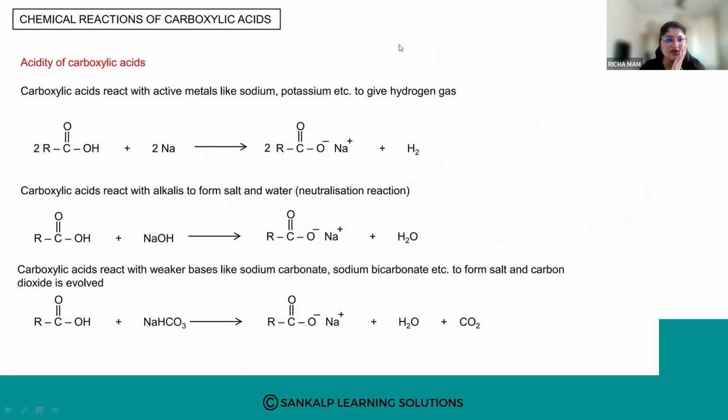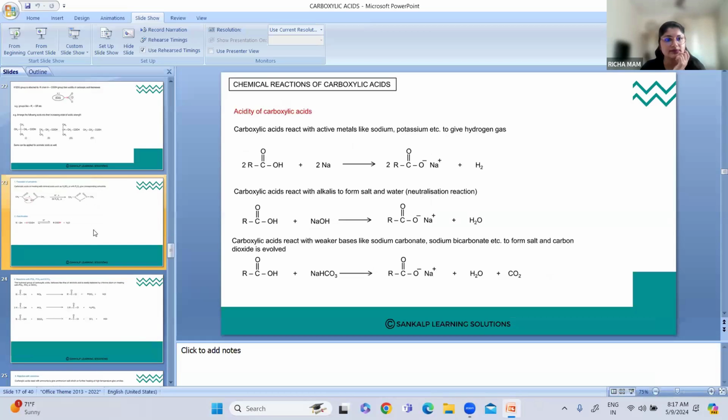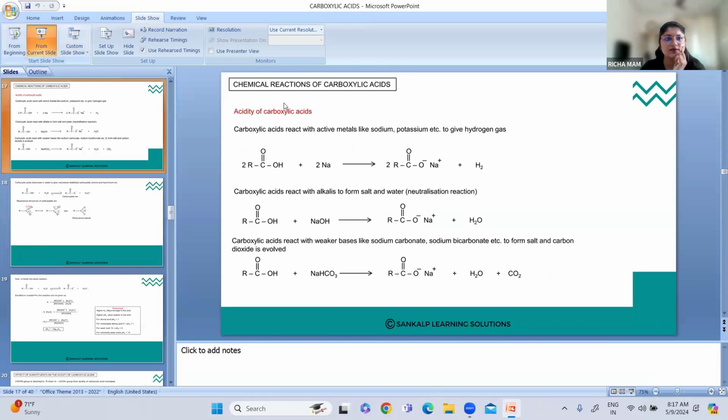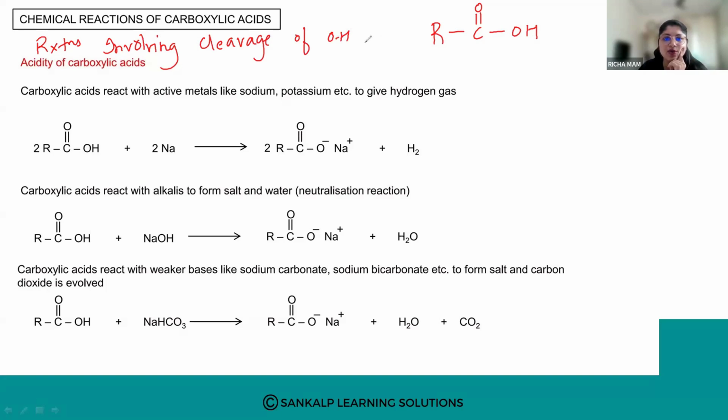That is the chemical reactions of carboxylic acid. Carboxylic acid is R, C double bond O, O, H. First we are going to see the reactions involving cleavage of the OH bond, the reactions involving breakage of the OH bond.